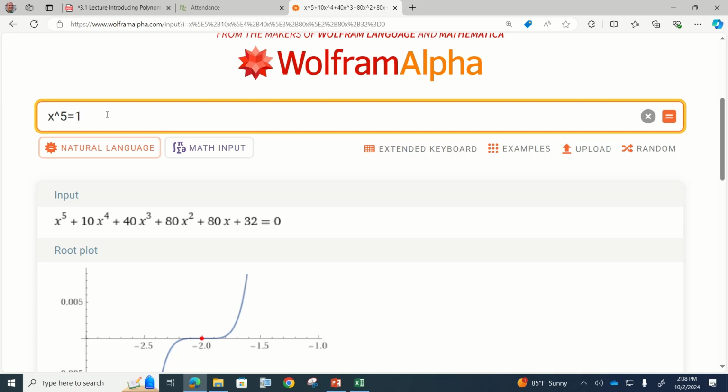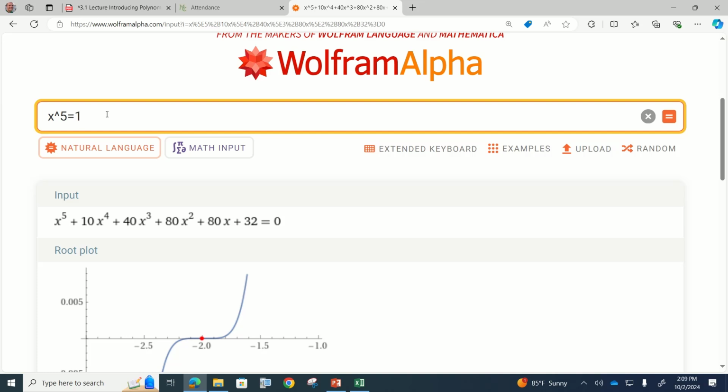Does negative 1 work? No, because negative 1 to the 5th power is negative 1. And if it was a number larger than 1, it doesn't work, because to the 5th power, that would make it bigger. And if it's smaller than 1, raising it to the 5th power doesn't work, because that would make it smaller, right? So technically the only real solution here is the number 1.